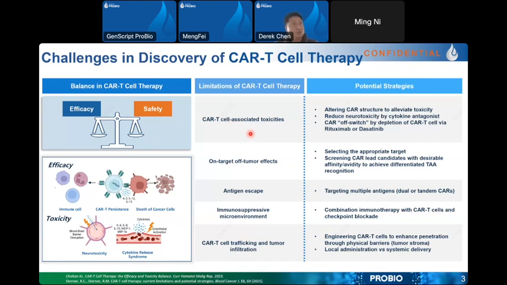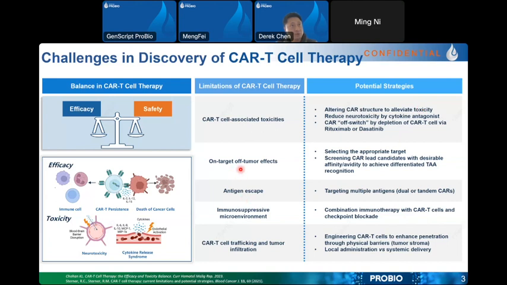For the CAR T cell associated toxicities, people commonly alter the CAR structure to alleviate the toxicities. In addition, cytokine antagonists and a CAR off switch like rituximab can also serve as alternative remedies.